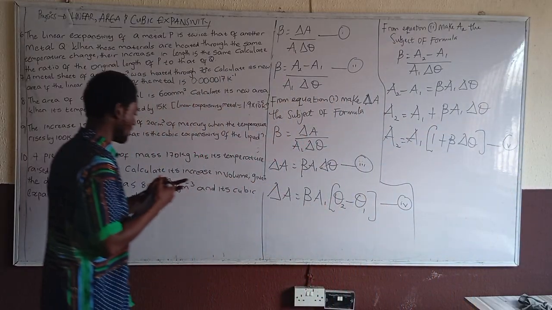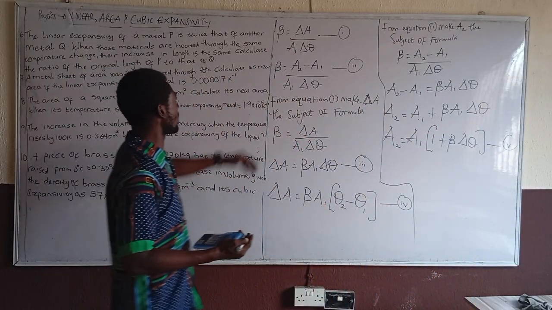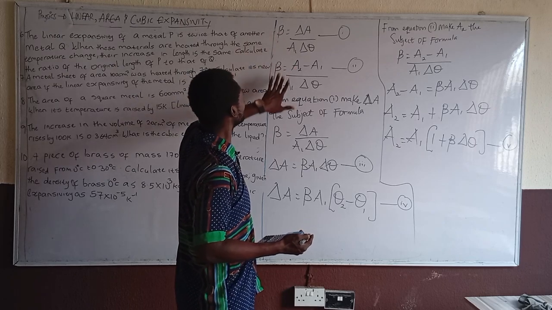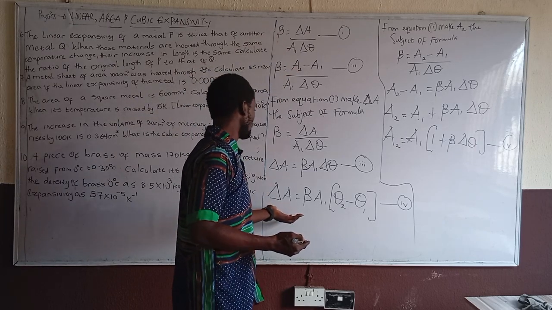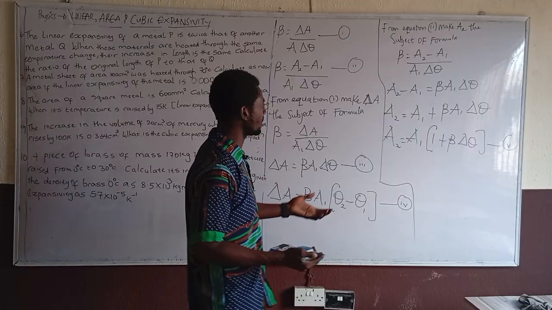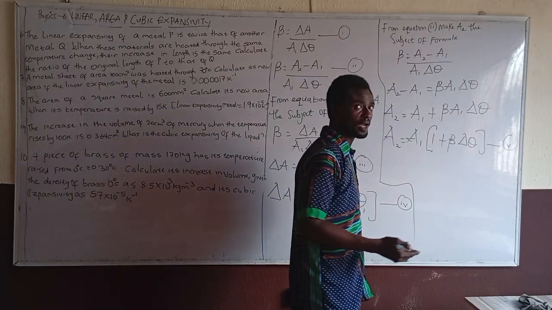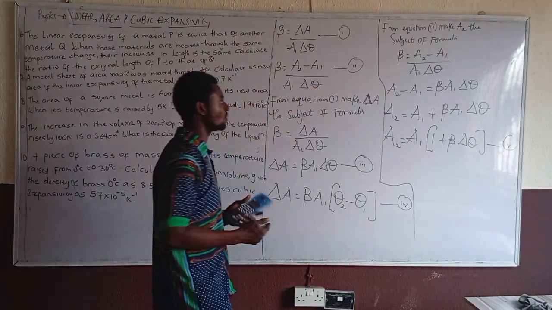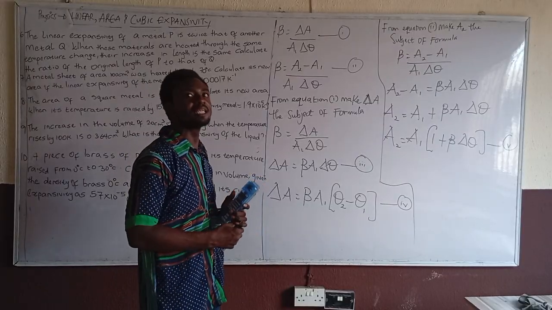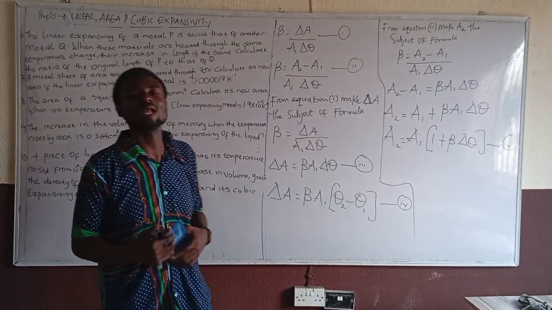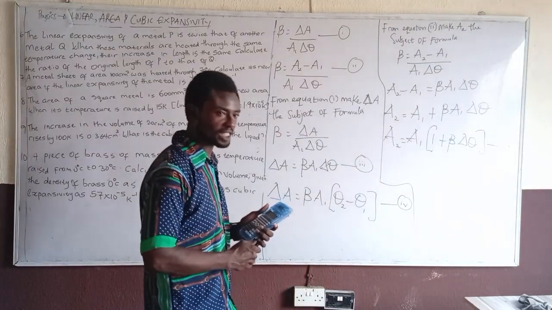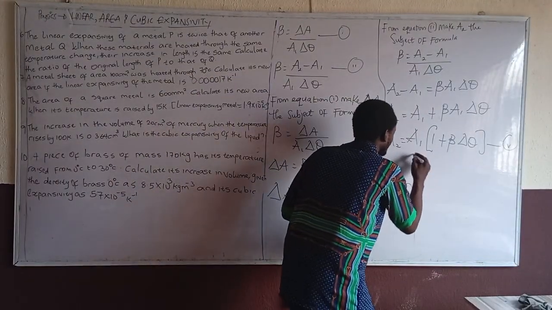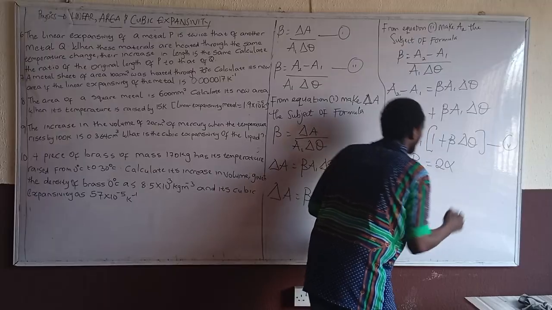So these are the formulas you need. This is where you're looking for area expansivity. Here you're looking for change in area. Here, the final area. So these are the formulas you need. Now, mind you, there is a formula connecting linear expansivity and area expansivity, which is beta equals 2 alpha.